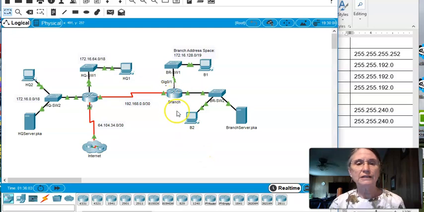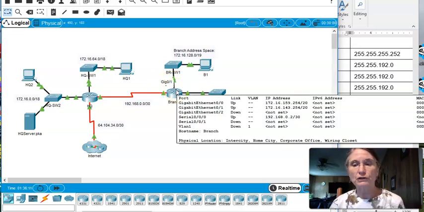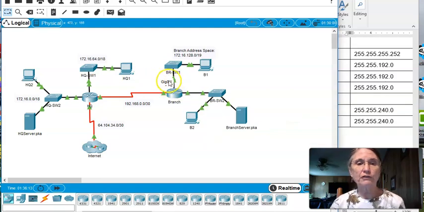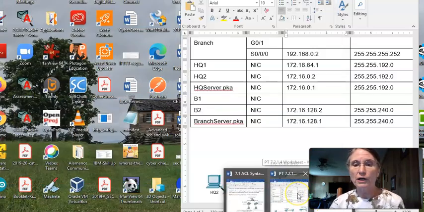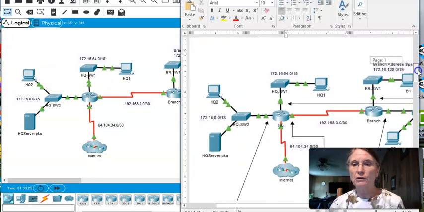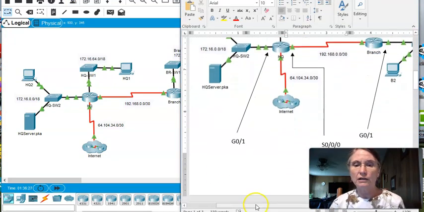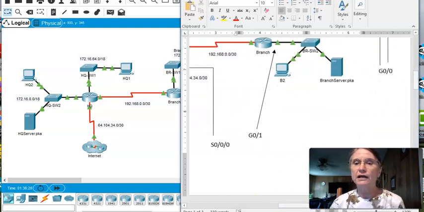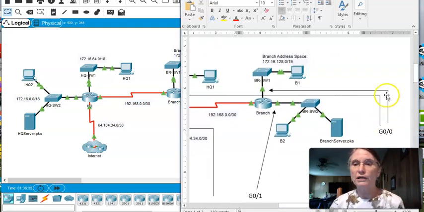G. It's actually, this is where I said there was a glitch, because we're looking at the Packet Tracer topology, and when I hovered over this interface, it makes it look like it's the G01 interface, but in fact, let's go back to the worksheet where I documented it as correctly being G00.